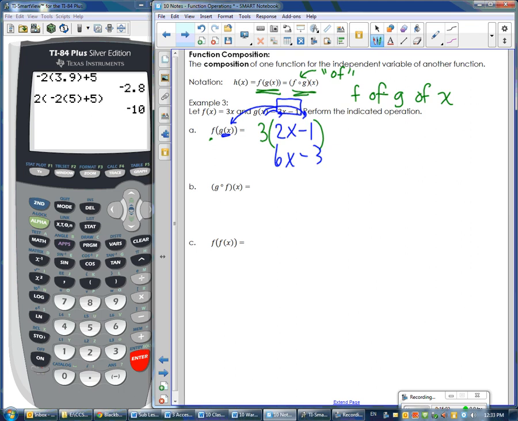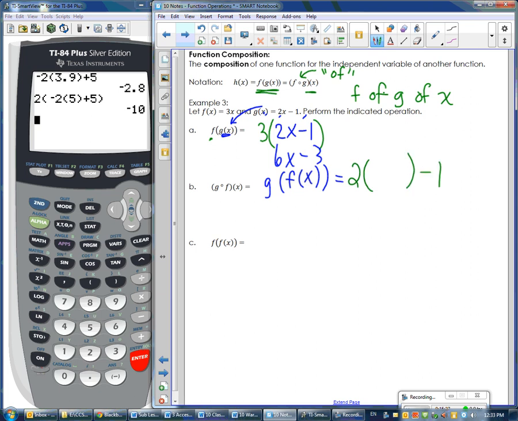We can go the other way. So in letter B, this is saying g of f of x. So this time I'm starting with my function g. So g is 2x minus 1. So instead of writing 2x minus 1, I'm going to do 2, and then I'm going to leave space, minus 1.